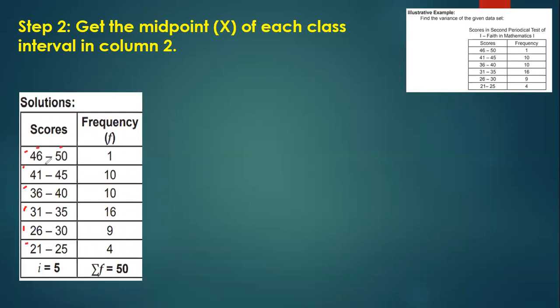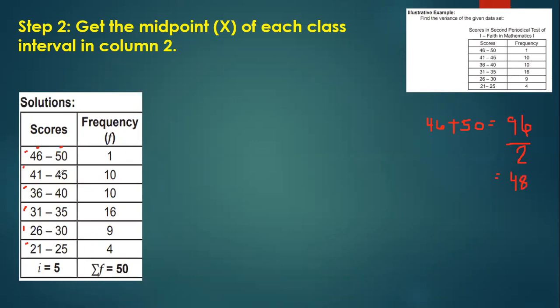For example, 46 plus 50 will become 96, right? Then divide by 2. The answer is 48.